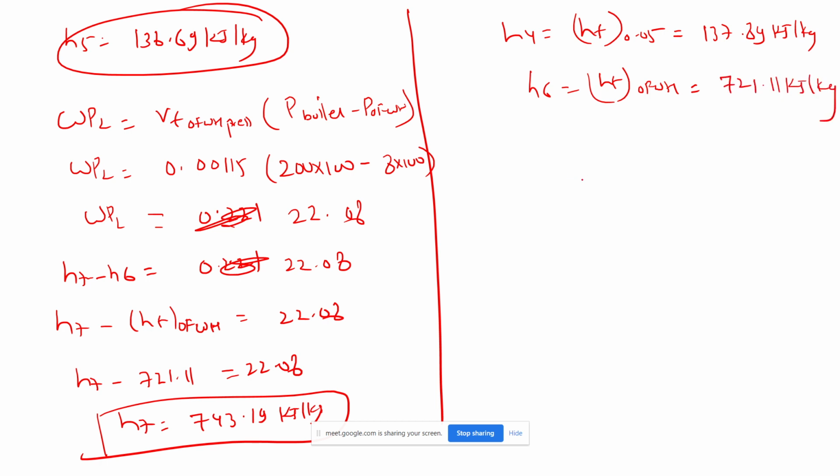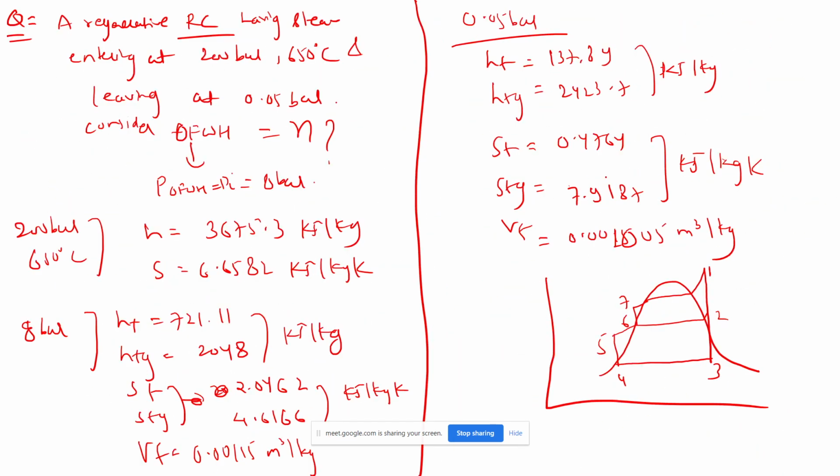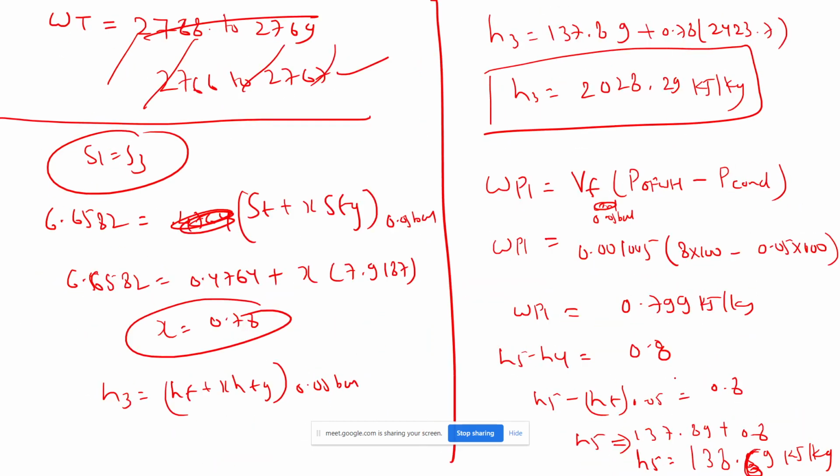Now where is the feed water heater installed in this? Here it is installed. Suppose 1 kg is coming in, so here it is 1 minus y, since we are extracting y here. So 1 minus y here also. Applying the open feed water heater energy balance, y into H2 enters, and 1 minus y into H5 enters, and we get H6, which is 1 kg. All the enthalpies we have, so we just apply the energy balance here.